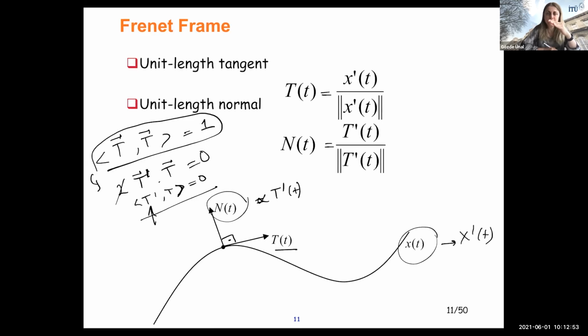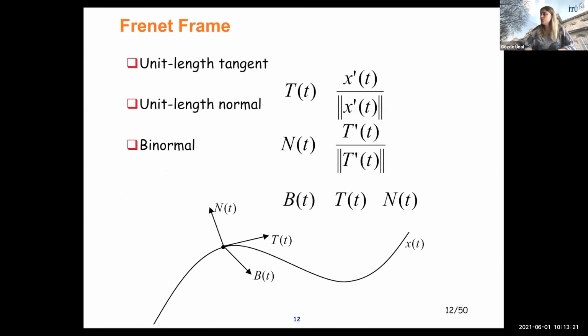Now take another derivative on the tangent vector. So the normal n of t is proportional to the second derivative of the curve. We will also add a third vector later. Currently, these two, tangent and normal, form a nice orthogonal basis. For 2D curves, this is enough, actually.